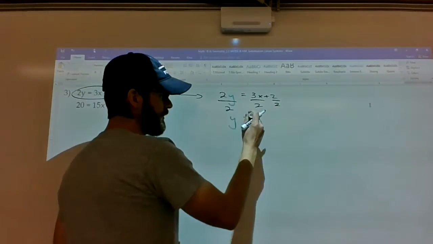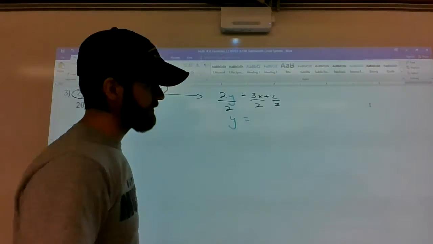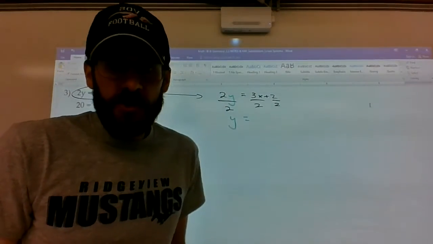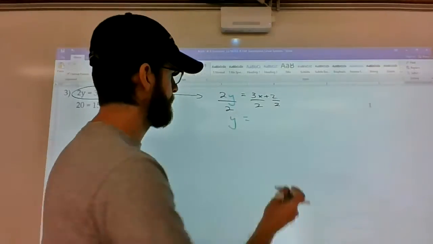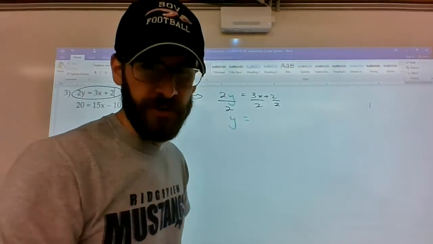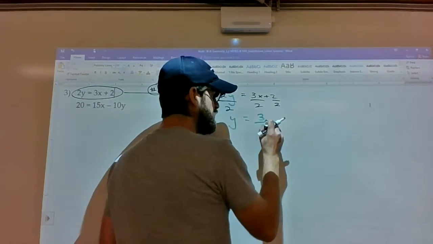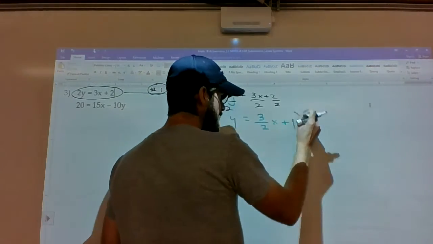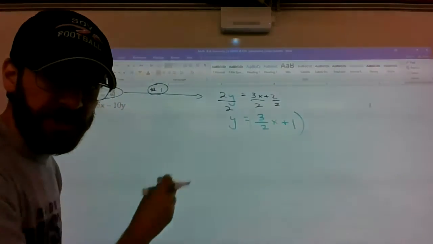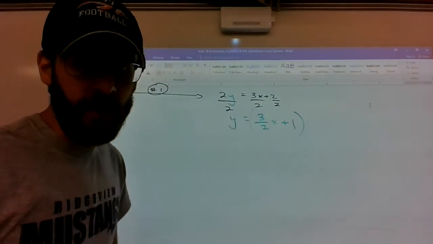So y equals 3 over 2x. If you want to, you can call it 1.5. I'm just going to keep it as 3 over 2x though. 3 over 2x plus 1. This is the expression I'm plugging into the second equation.